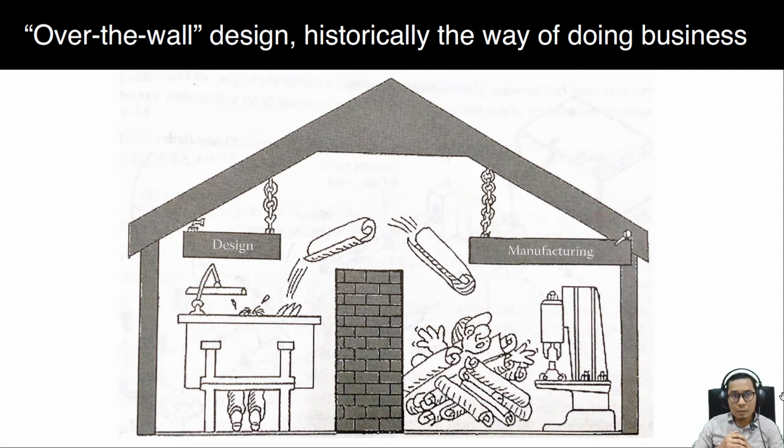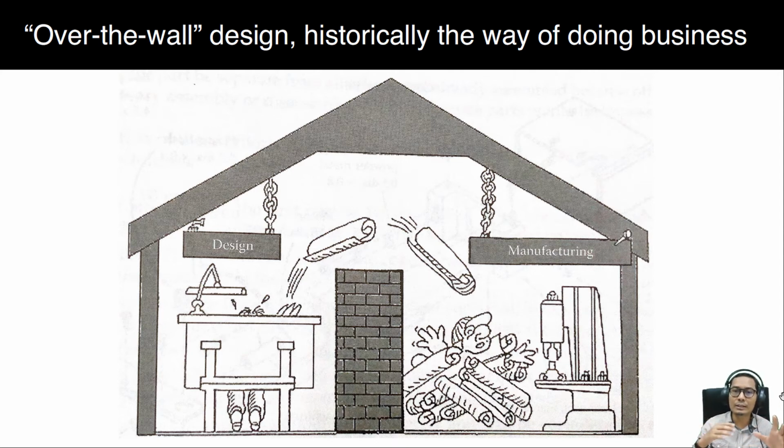Okay, over the wall design. Over the wall design, as you can see in the figure, is historically the way of doing business. I also have experience from when I worked with Panasonic as a mechanical design engineer. We received a design from the industrial designer in Japan, and then we had to develop the 3D model, build the prototype, plan for the tooling design, and then do the injection molding.